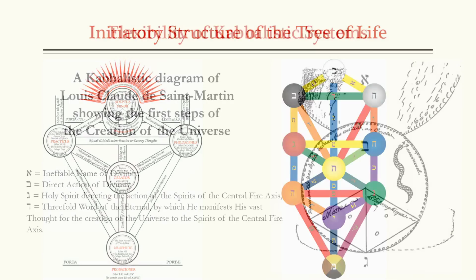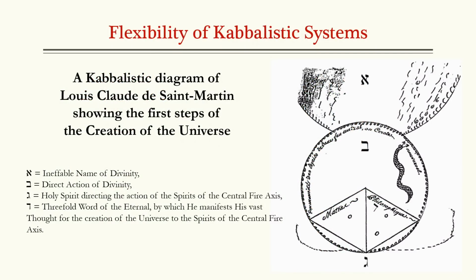Before we exit, though, I do want to bring up the flexibility of Kabbalistic systems. And that what we've been looking at tonight was my best attempt to take very thick concepts of Lurianic Kabbalah into a 1-hour presentation.